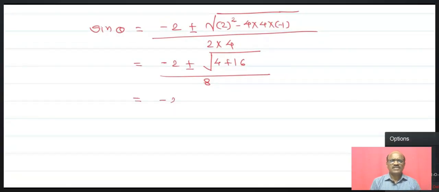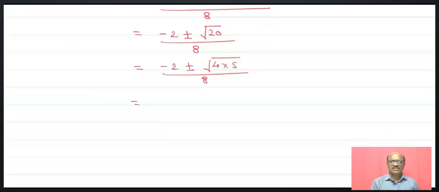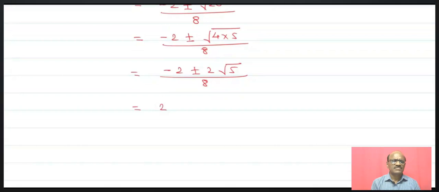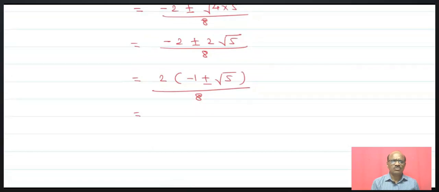Now you can see this is the formula I have applied here. That is minus 2 plus or minus the square root of 4 into 5, that is 2 root 5, upon 8. Take 2 as common, and you will get minus 1 plus or minus root of 5 upon 4.